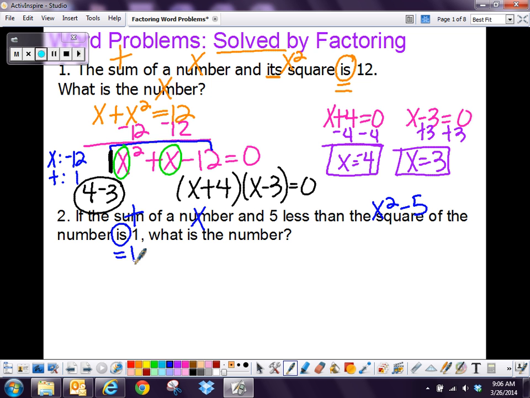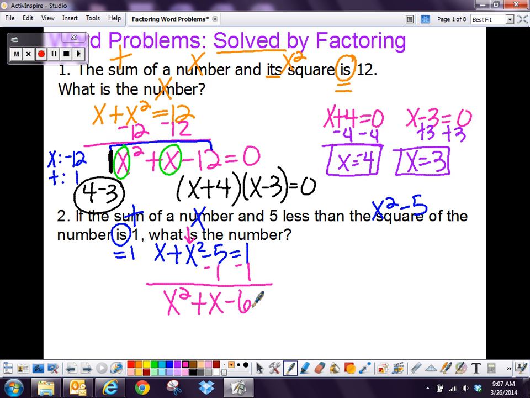So we have the sum, so that's x plus x squared minus 5 is equal to 1. Now we can knock out a couple of steps into 1 here. So we can subtract 1. We have to get it equal to 0. And then when I rewrite it, I'm going to write it with my x squared term first. So I have x squared plus x, negative 5 minus 1, that's minus 6, is equal to 0.